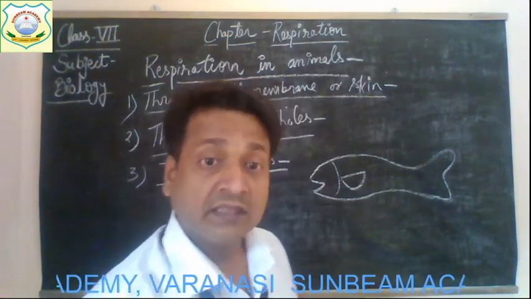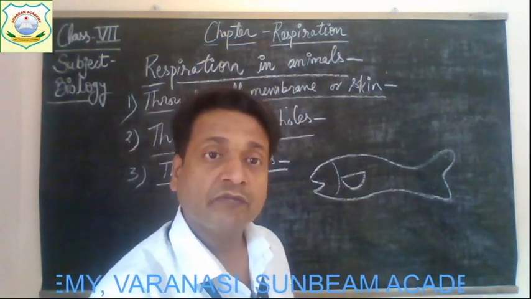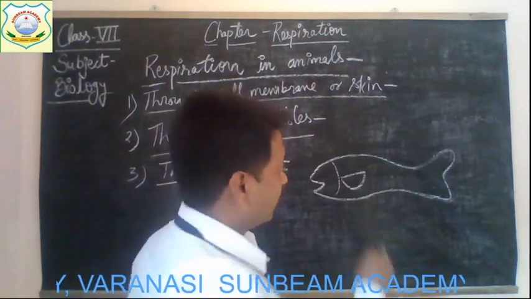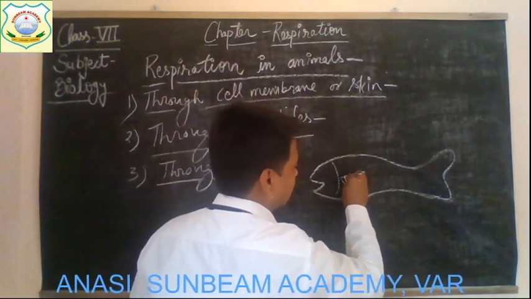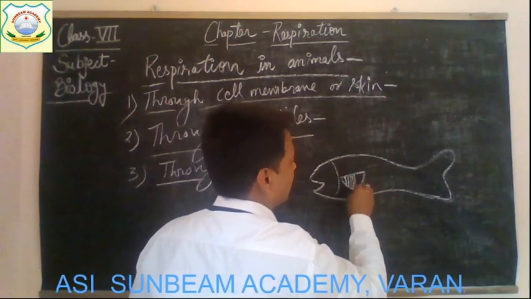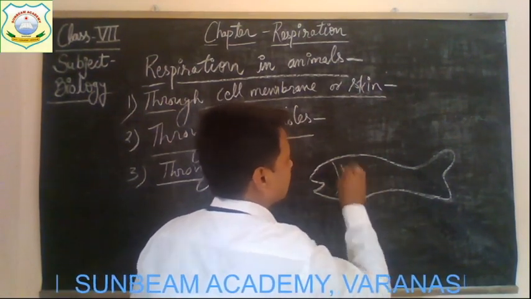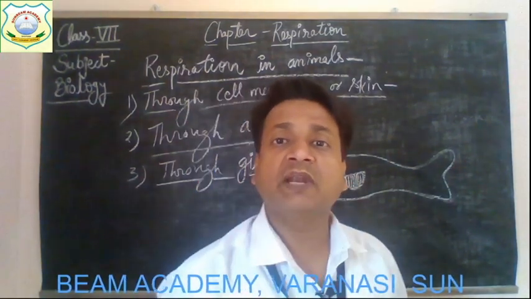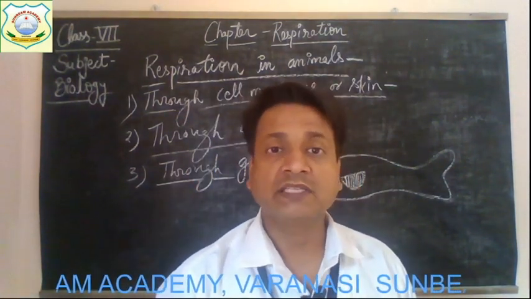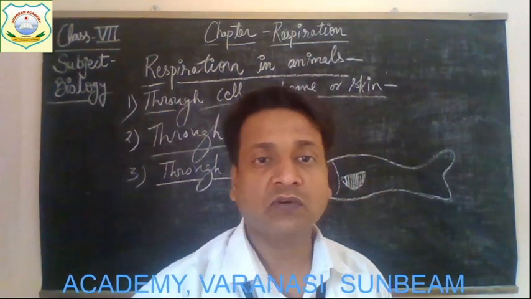Got it, children? These gills are made up of a large number of filaments. If you open it, you can see very easily that a number of fine filaments are present in it. And in these filaments, very fine blood capillaries are present through which the blood is flowing.